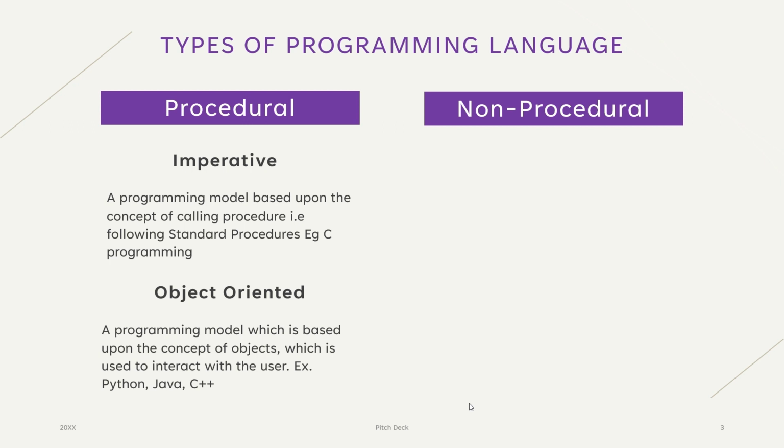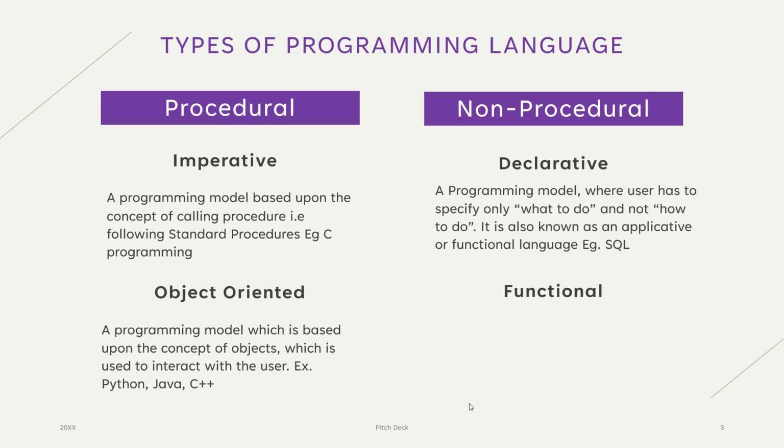Now let's come to non-procedural. Under non-procedural, we have two types. One is declarative and the other is functional. Declarative means, as I said earlier, I'm just declaring what has to be done. All right. This is a programming model where the user has to specify only what to do, not how to do. Okay. This is also known as applicative or functional language, like SQL.